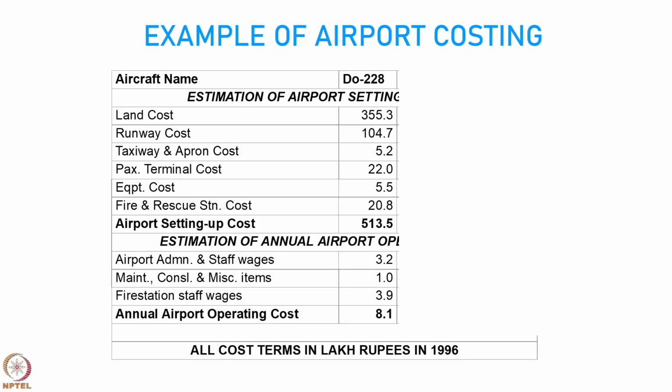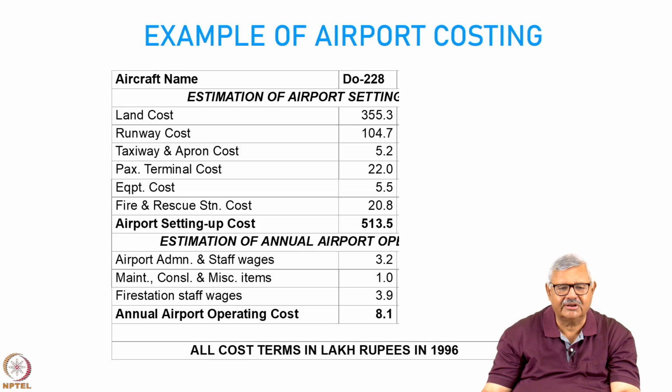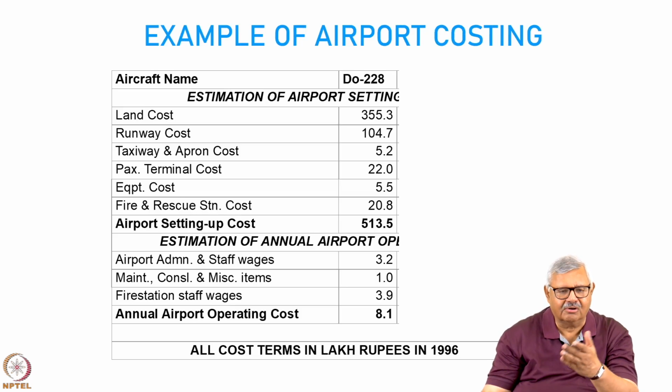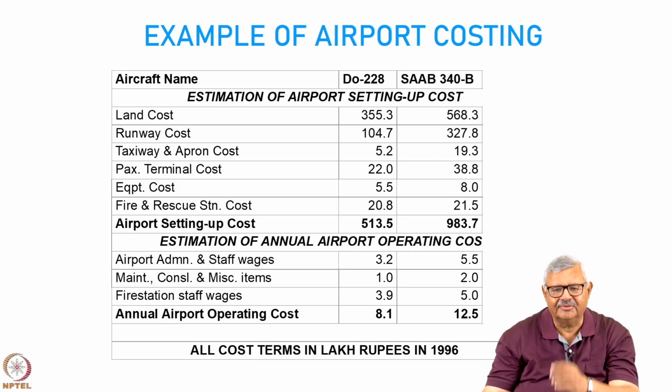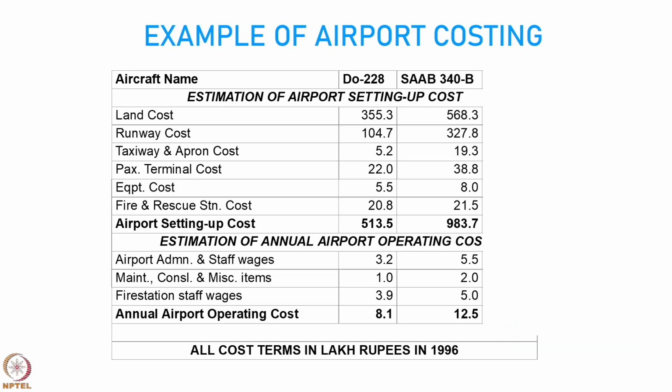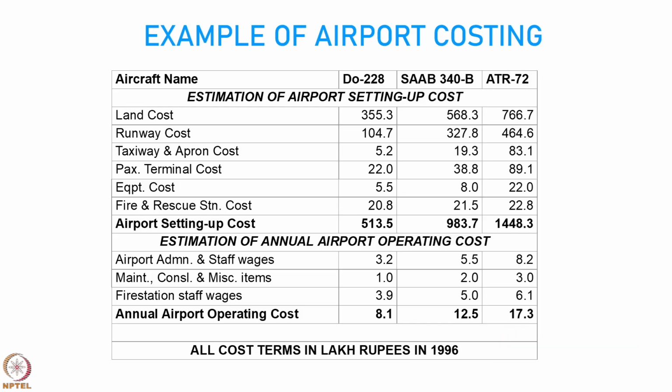So because of this, you can look at, now this is the old data, but just to give you an idea, the cost of setting up the airport for Dornier 228 in 1996 was estimated to be about 513 lakh rupees, 5 crores and 13 lakh rupees, which became around 10 crores for 340B and 14 or 15 crores for ATR 72.